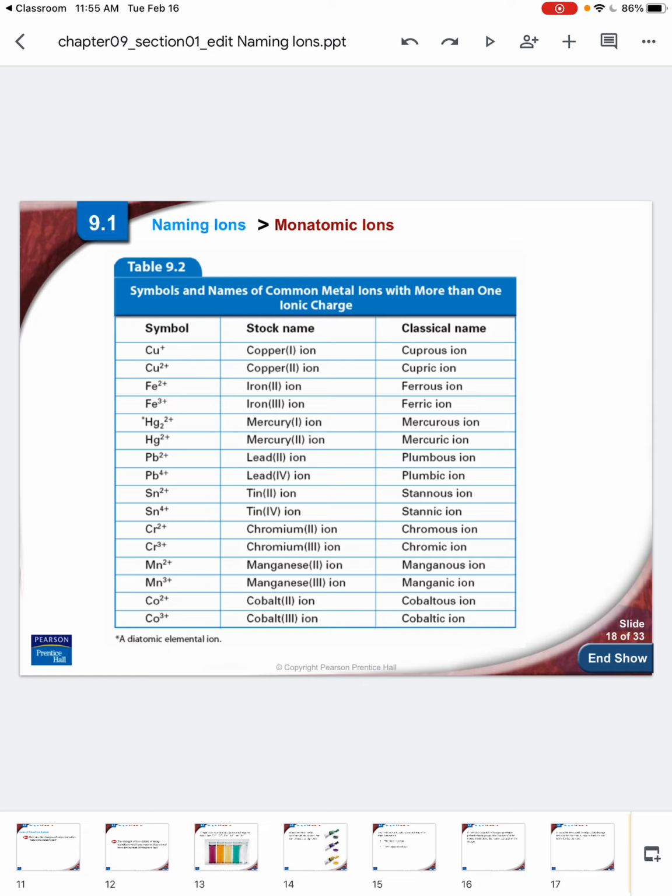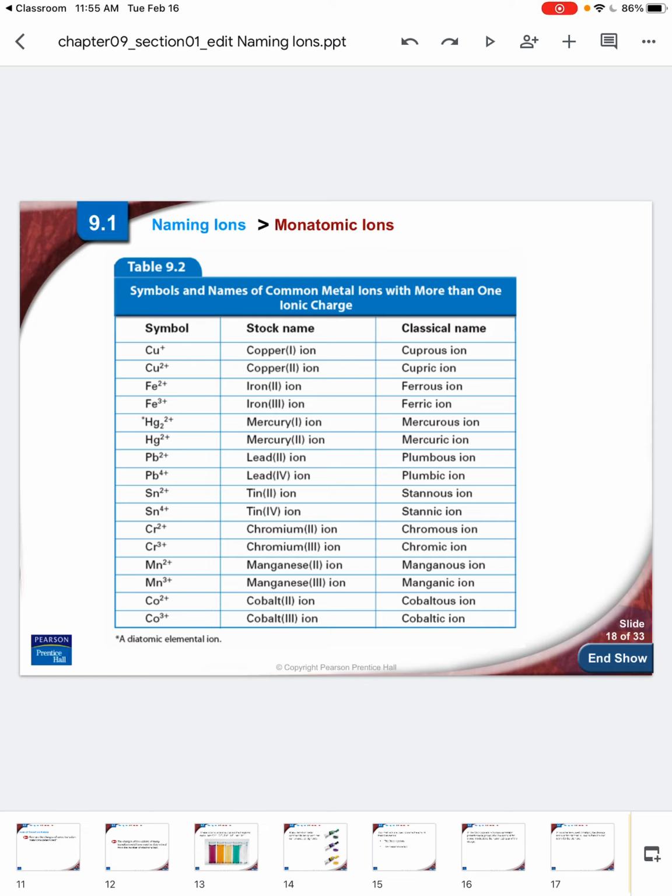The other thing is, if you look at plumbous and plumbic for lead down a little further, it's true plumbous has a lesser charge than the plumbic, but it doesn't increase by 1. This time it increases by 2. Plumbous is +2 and plumbic is +4.